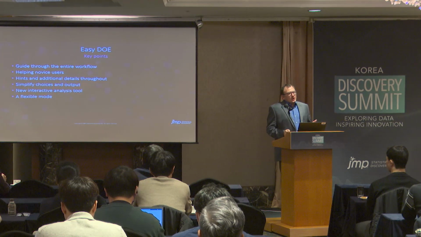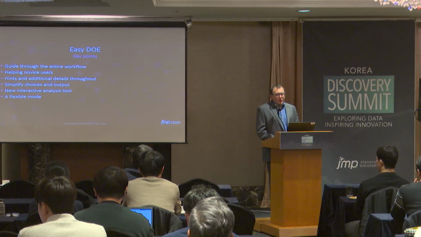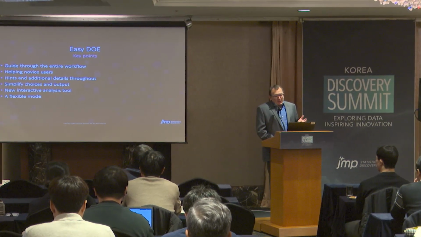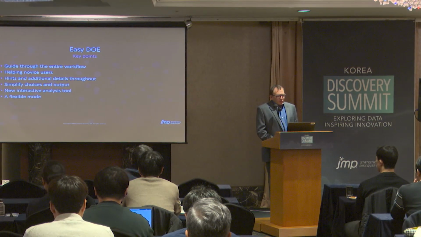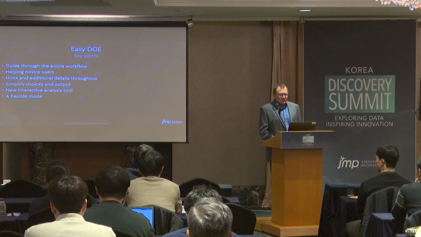Okay, so Easy DOE, before I show it off in JMP, there's just a few points that I want to make sure that you take away. Really, we're going to guide users through that entire DOE workflow from design through analysis, not having to separate with a data table and part that off.